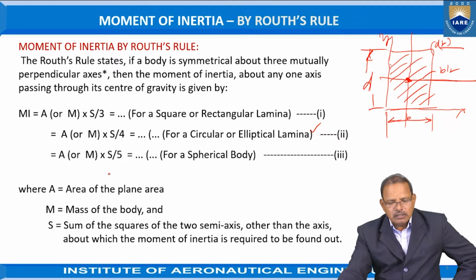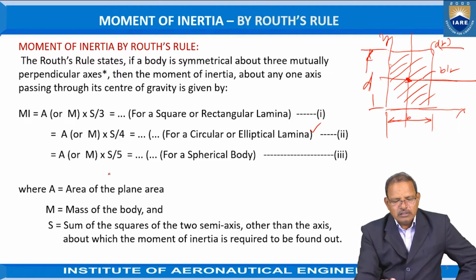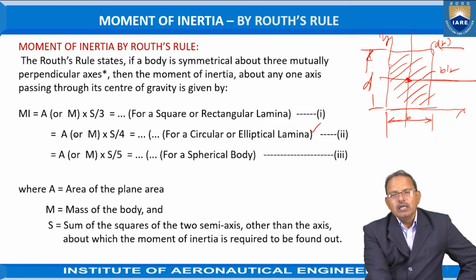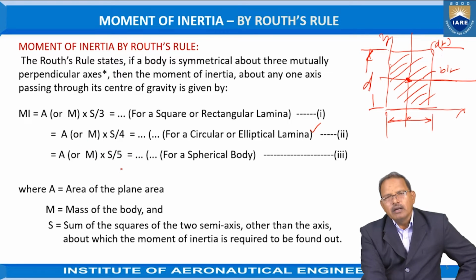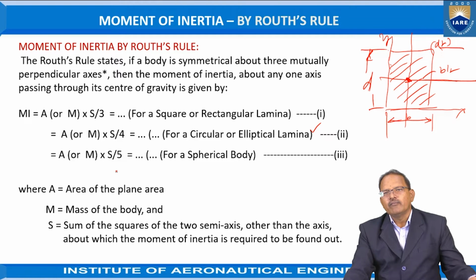Here A is the area of the plane area. When you substitute the area, the obtained value is known as the moment of inertia of an area. If A is replaced by M, we get the mass moment of inertia of a body, that is, moment of inertia equals M multiplied by S by N. N may be 3, 4 or 5.